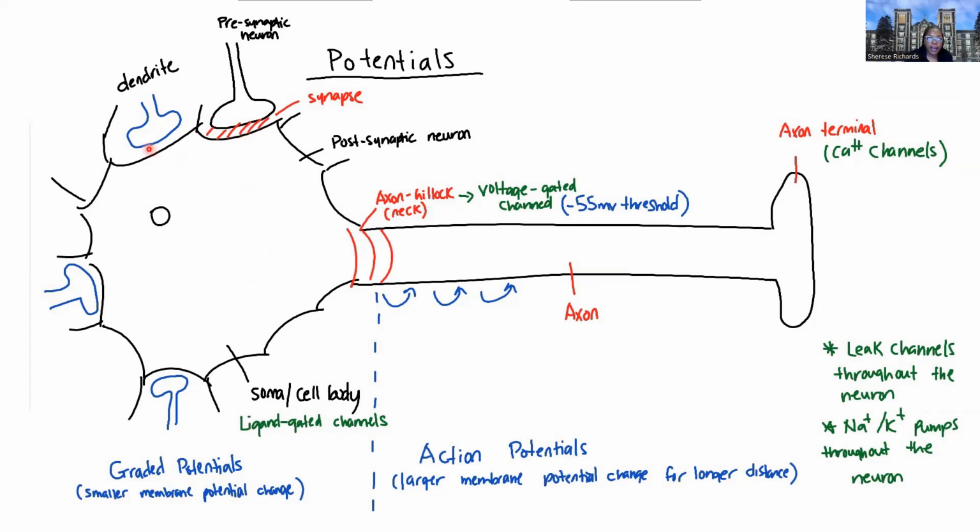And this is where we have several graded potentials arriving on the cell body. From there, at the axon hillock, we determine if those graded potentials are sufficient to achieve the -55 millivolt change. And if they are, then voltage-gated channels along the axon hillock and axon will open up.